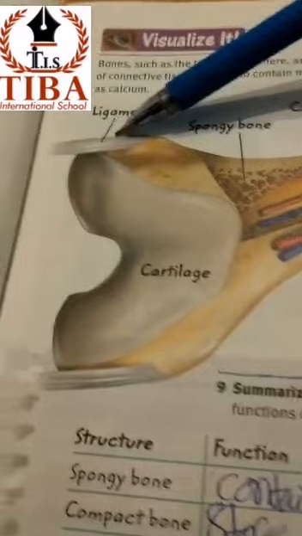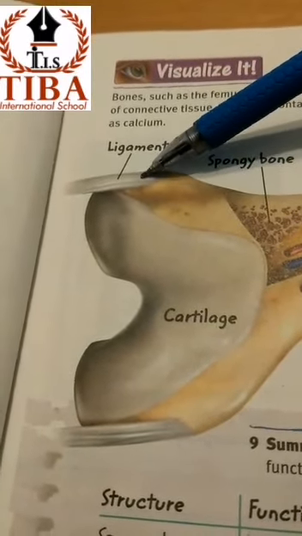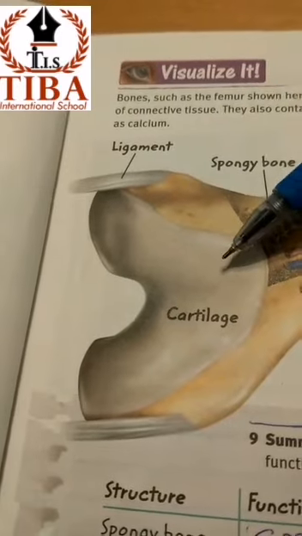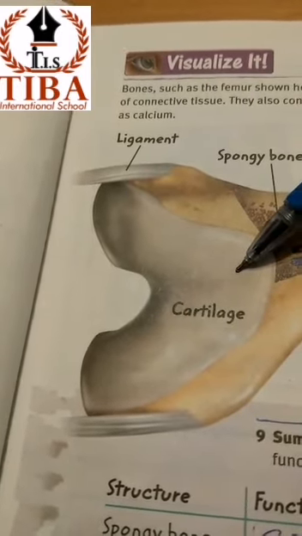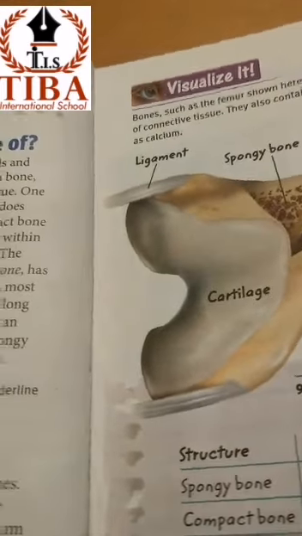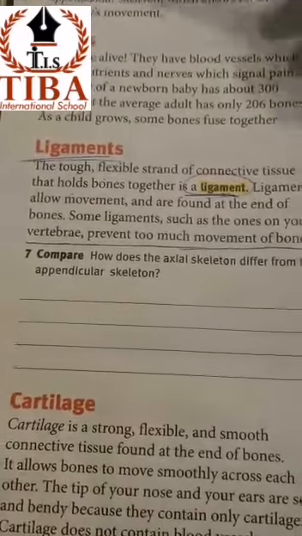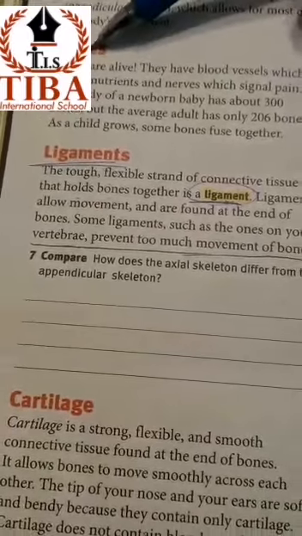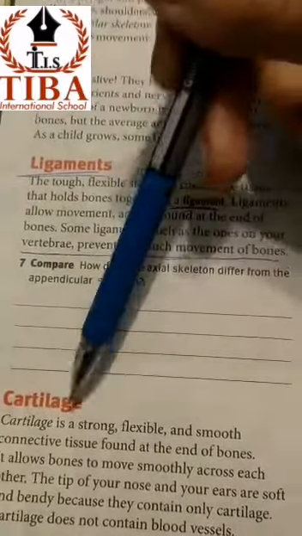These bones are connected together through a tissue called ligaments. At the end of each bone, there is another tissue called cartilage. Again, what can we say about the structure of the skeletal system? We can say that the skeletal system is made up of three parts: bones, ligaments, and cartilage.